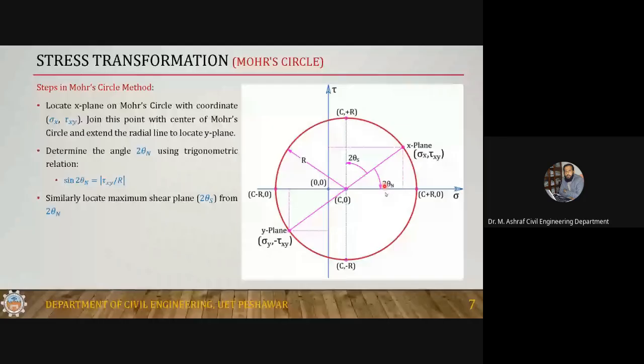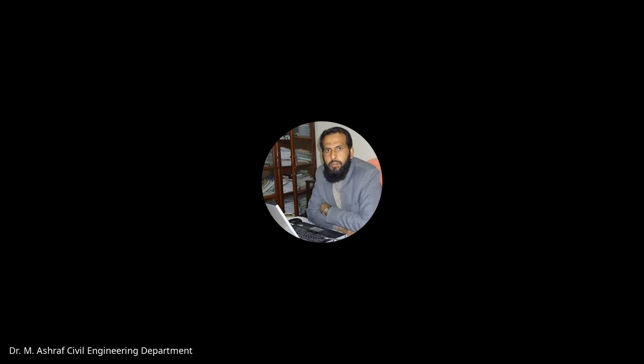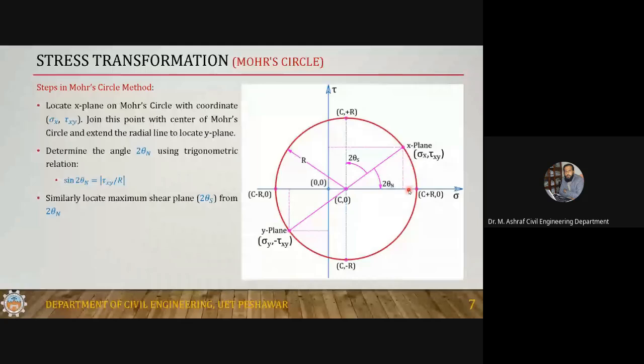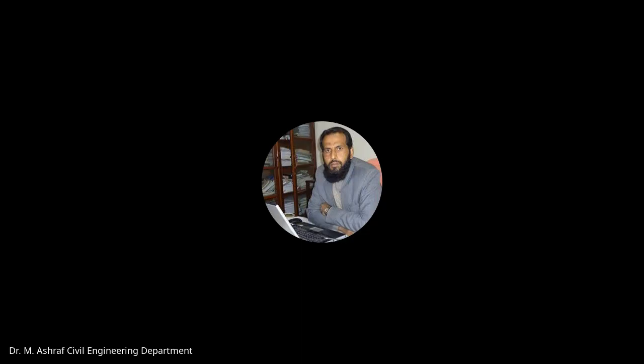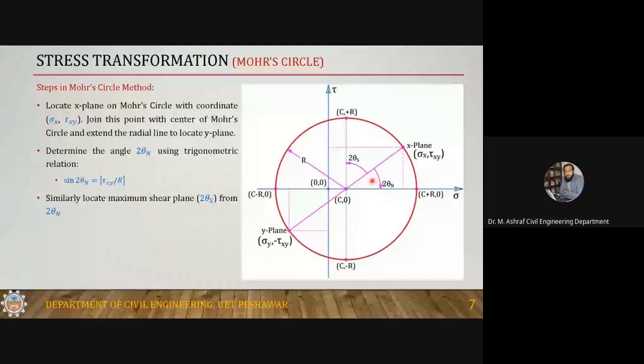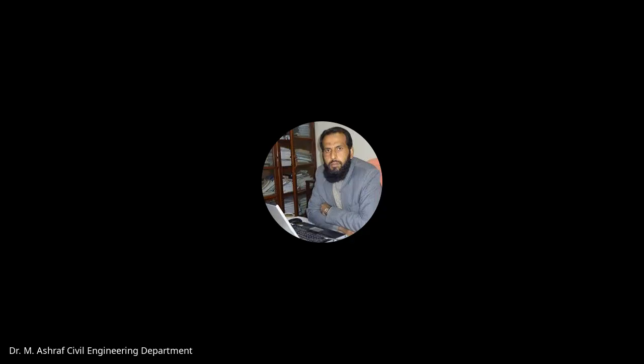When you draw the circle to scale, it will automatically give you that it will be on this side. So this is 2 theta, and this will give you the value of theta. Sometimes if the line is lying here, this will be theta and this will be 2 theta, but the difference of the two will be equal to 45 degrees.